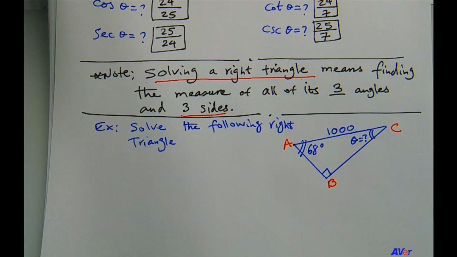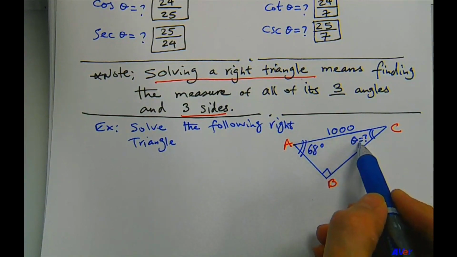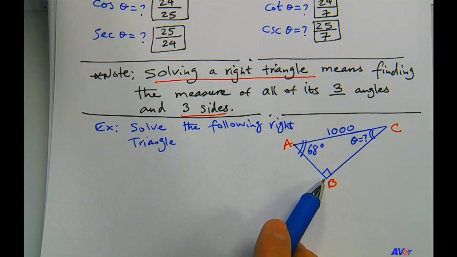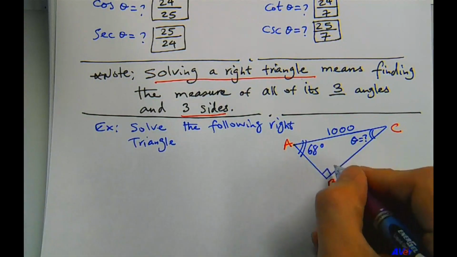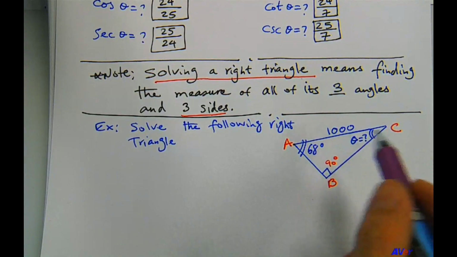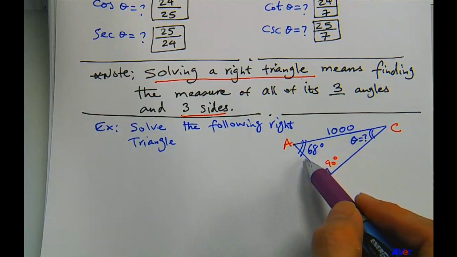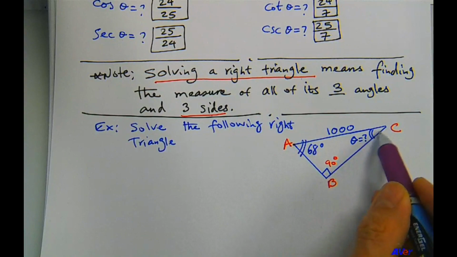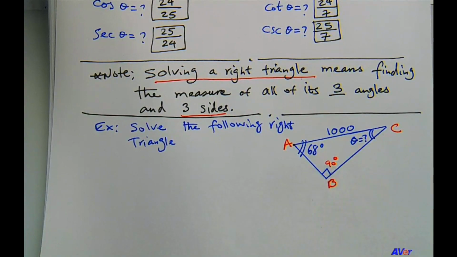So we want to solve this, which means find the only angle that is missing. We know that is 68 degrees. This is for sure, so this is 90 degrees, and we want to know that. And then once we have that, we also want to know what is the length of AB and what is the length of BC. So which measure do you think it's the easiest to find right away?